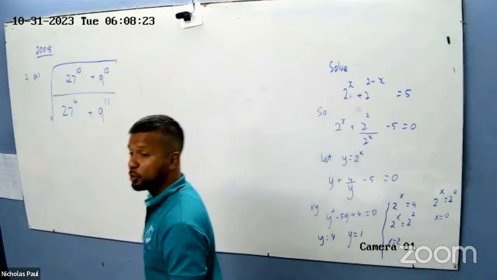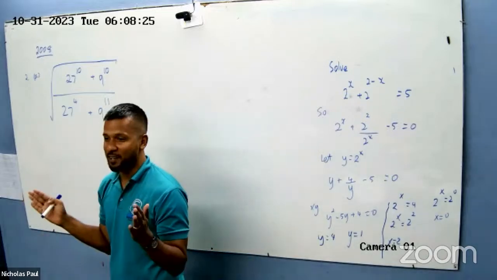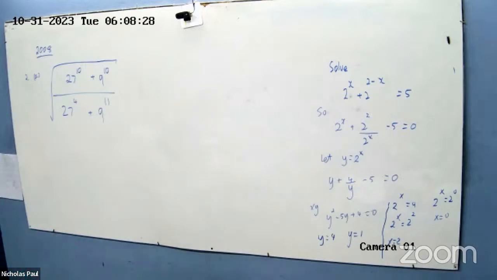You have two minutes again, so try something. It doesn't matter, because you're going to factorize. Try something, factor out something there.